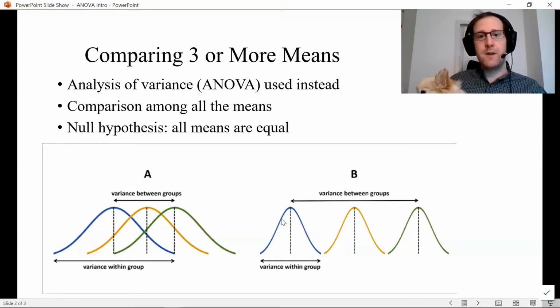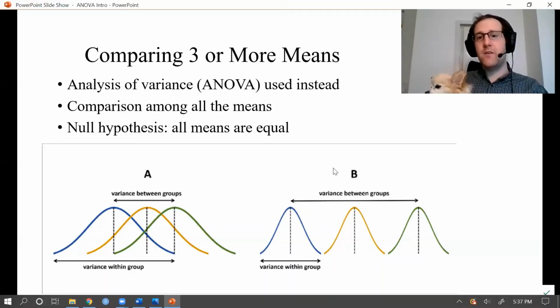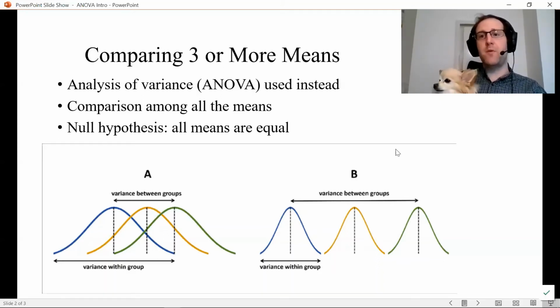So within each of those groups, there seems to be more in common. So what we would see here is that here there seems to be more variability within groups than between groups. So that difference between the means isn't as impressive. Here, the groups seem to be very different from each other. A lot of the variability is between groups, but within groups, there isn't as much variability.